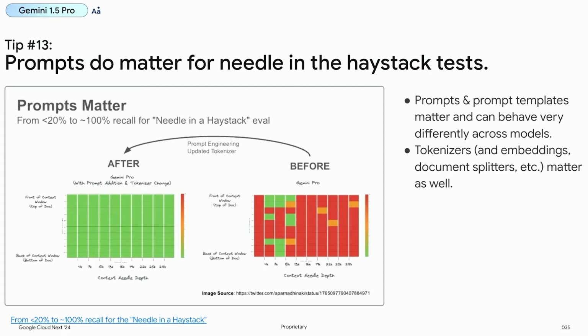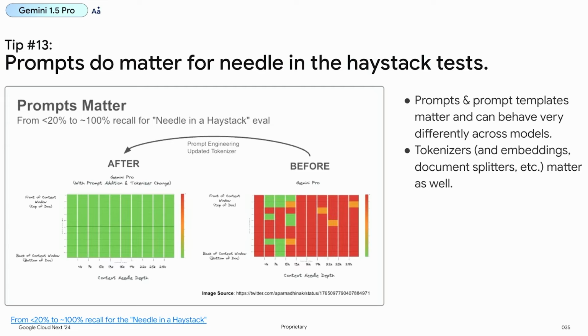This is called the needle in a haystack test, which is an evaluation technique where you challenge the LLM to find specific information which is hidden in a long context. This helps to evaluate how well the model is navigating the different amounts of context to identify and use those crucial details within your prompt. When running the needle in a haystack test, the prompts that you're using matter a lot, along with the tokenizer that you're using.